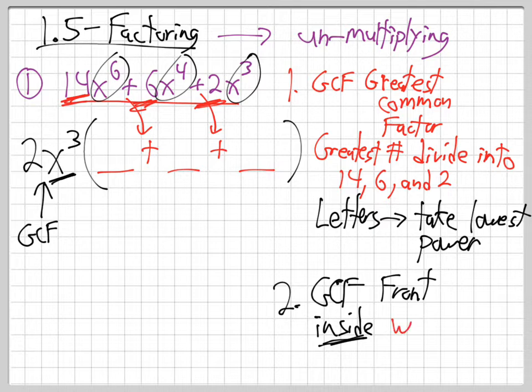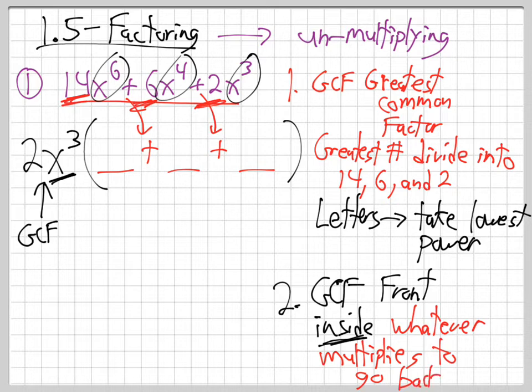Inside, whatever multiplies to go back correctly. Can you read all that scribbling? So you put the GCF in the front, and inside you put whatever multiplies to go back correctly.